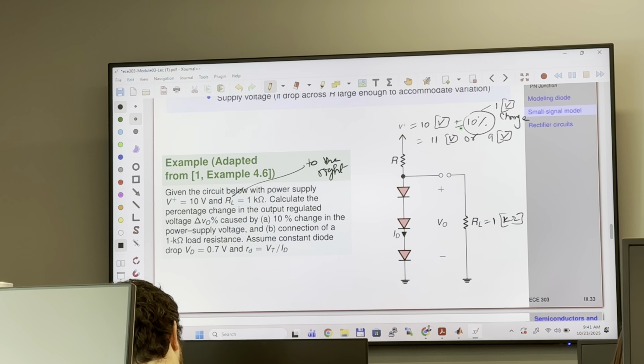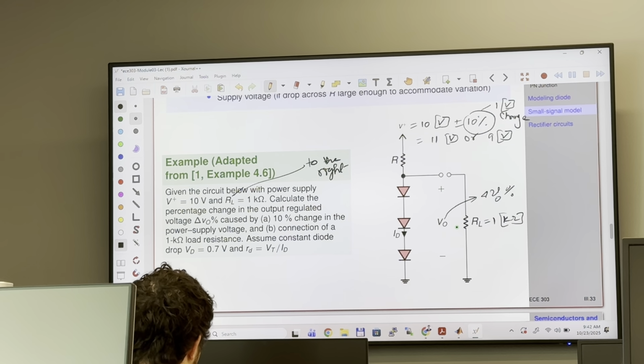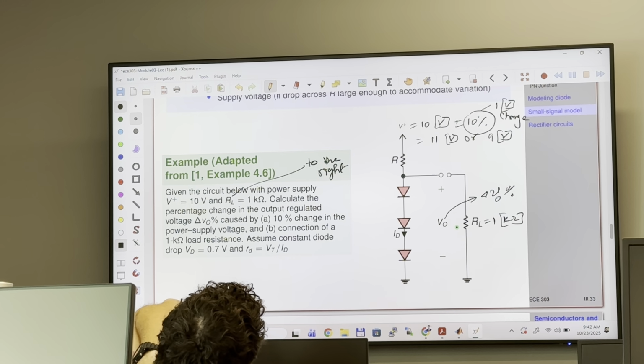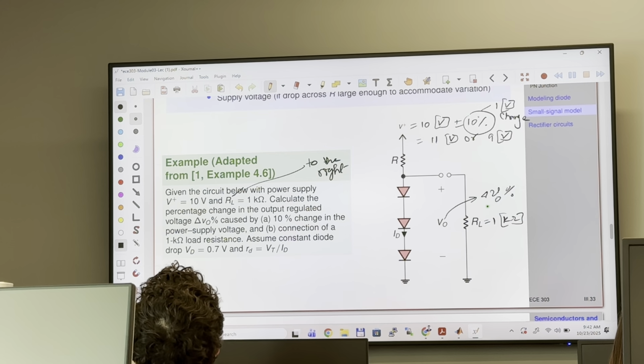1 volt change. So in case your DC supply is changed by only 1 volt, what will be the percentage change, delta VO percentage change in the output? For 1 volt change in the input, what will be the percentage change in the output?